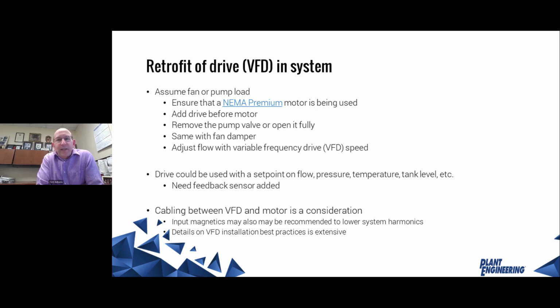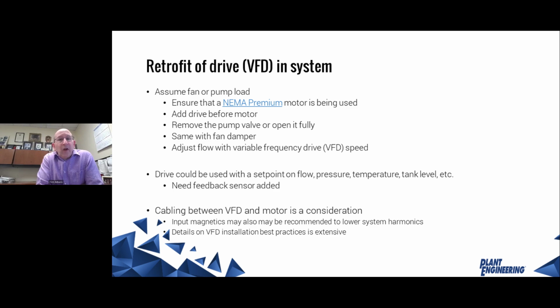One is to start with a NEMA premium motor, or better, if it's synchronous, obviously putting the drive in before the motor. The second thing is taking out the valve, or at least opening the valve or the damper, making sure those are not being used anymore.